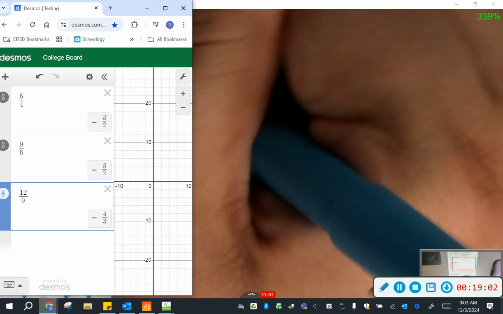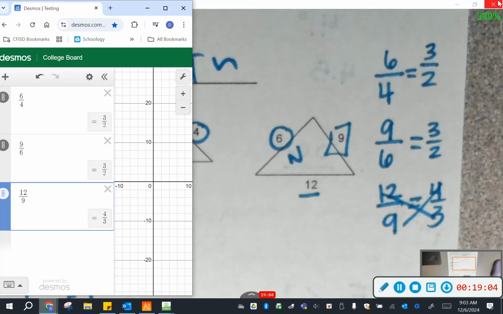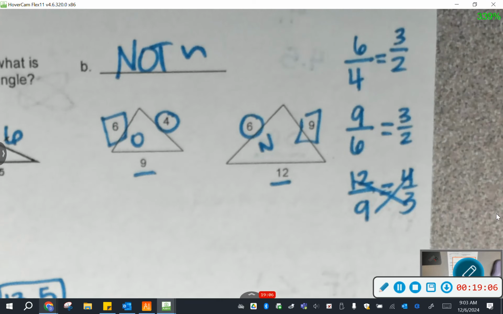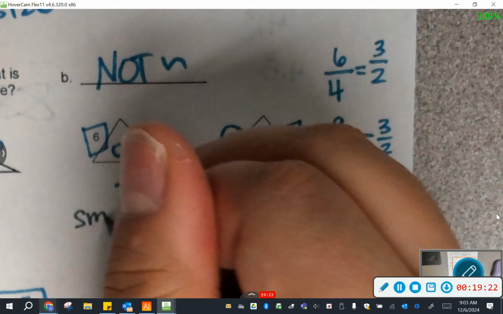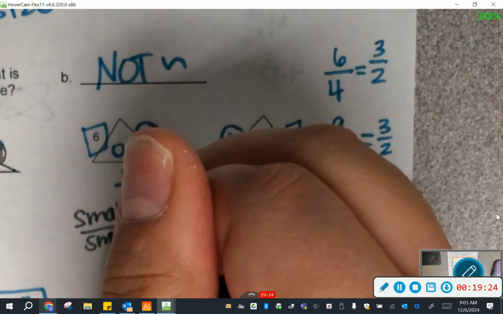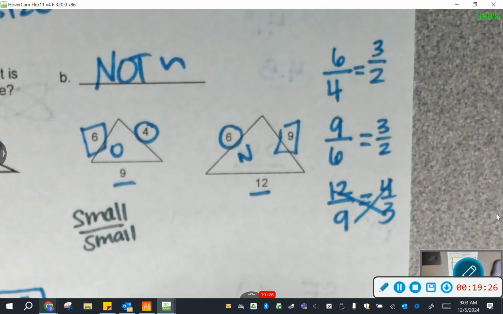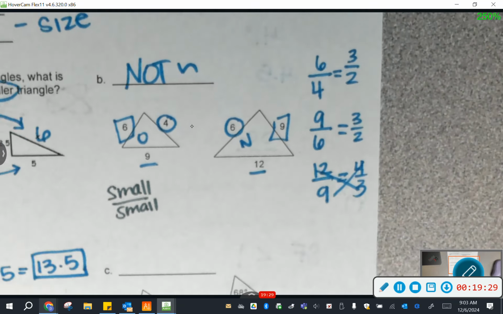No. So these are not similar because I did not get the same number every time. You are always going to do the small over the small, the medium over the medium, and the large over the large.